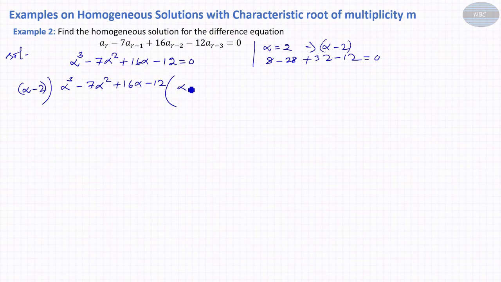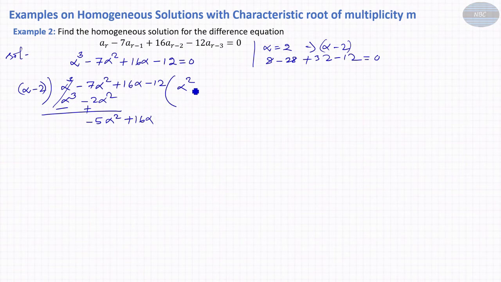So here we have alpha square; multiply alpha square with alpha minus 2, we get alpha cube minus 2 alpha square. So this will be cancelled out. This becomes minus 5 alpha square plus 16 alpha.